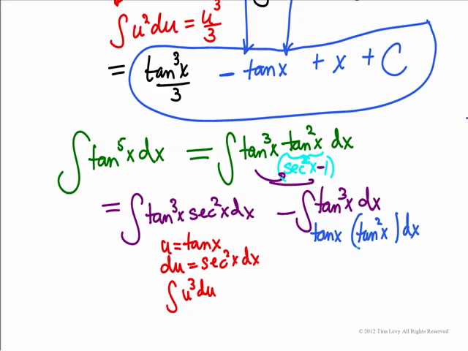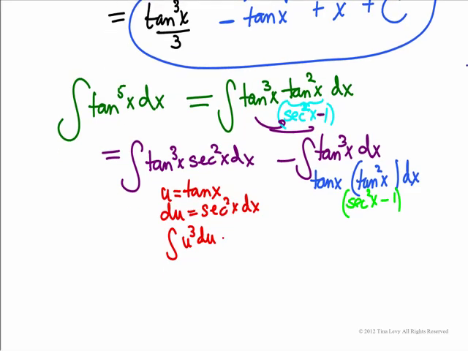Whenever we see the tangent squared, that's a perfect setup to replace it with secant squared minus 1. Working this from left to right, the antiderivative of u cubed is u to the fourth over 4. And that gives us tangent x to the fourth power over 4.